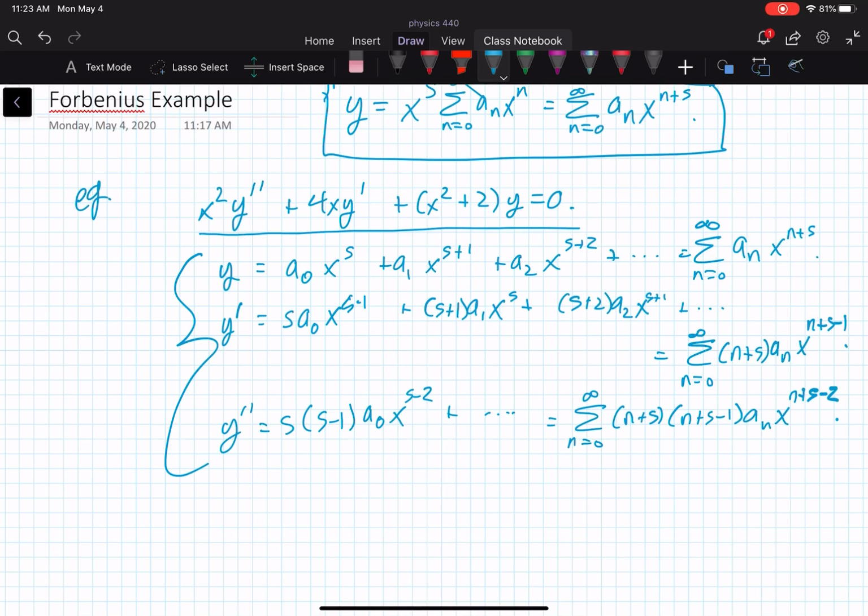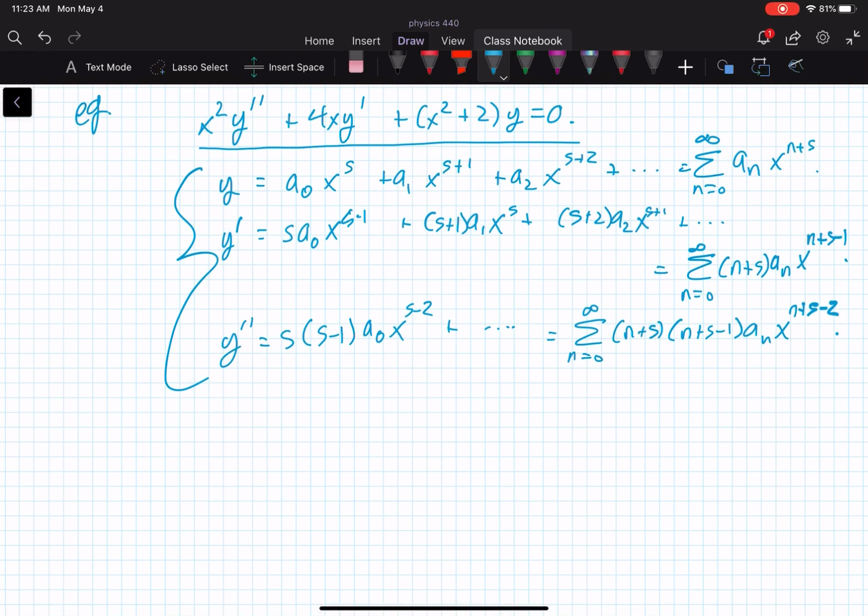All of this is generally true. This is just defining what y prime and y double prime are for our proposed solution using the Frobenius method.